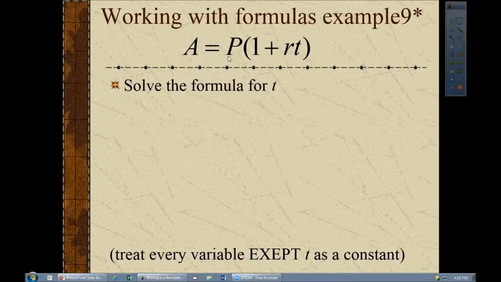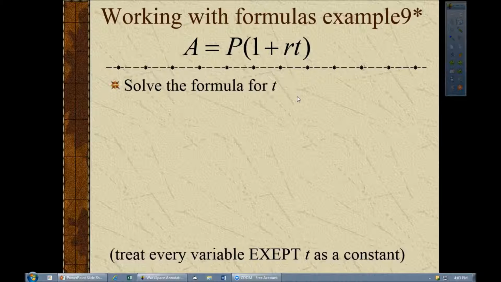We've got A and capital P and little r and little t. In these kind of problems, they're going to give you directions to solve for one of those variables. In this case, they want us to solve for t. Well, the key is to treat every variable except for t as a constant. That is, treat A just like a number, treat P just like a number, and treat r just like a number.